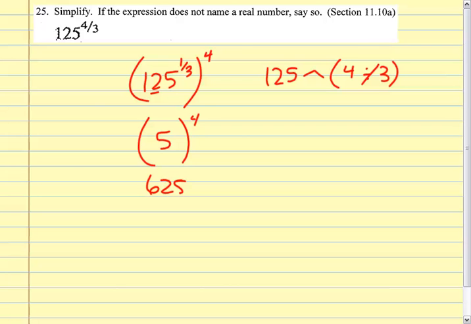They're going to give you something easy like 125, 64, 27 or 81. All of these numbers are perfect cubes or perfect squares, and the fewer buttons you have to press, the better. But you can put that in your calculator and it'll spit it out for you.